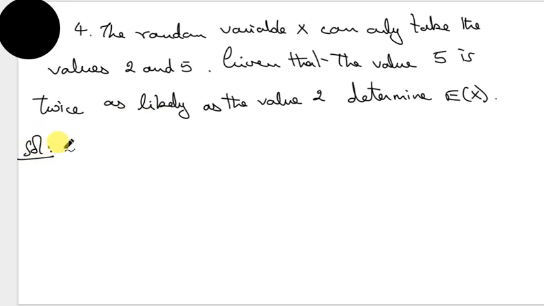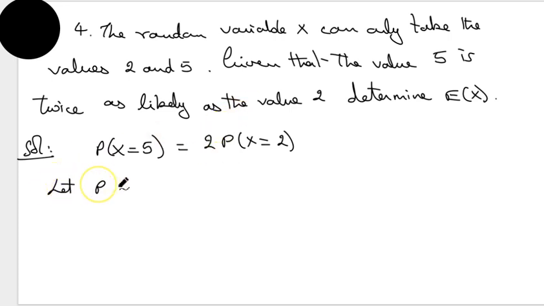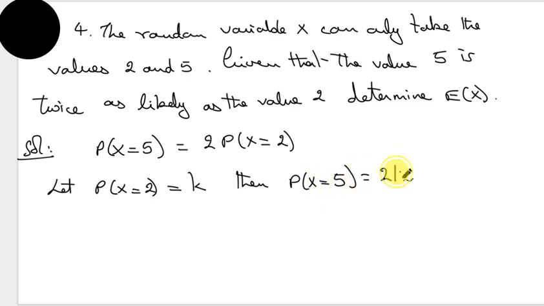What is given here? I know that x takes value only 2 and 5, and also probability of x equal to 5 equal to twice the probability of x equal to 2. So let probability of x equal to 2 equal to some k. Then my probability of x equal to 5 will be 2k.